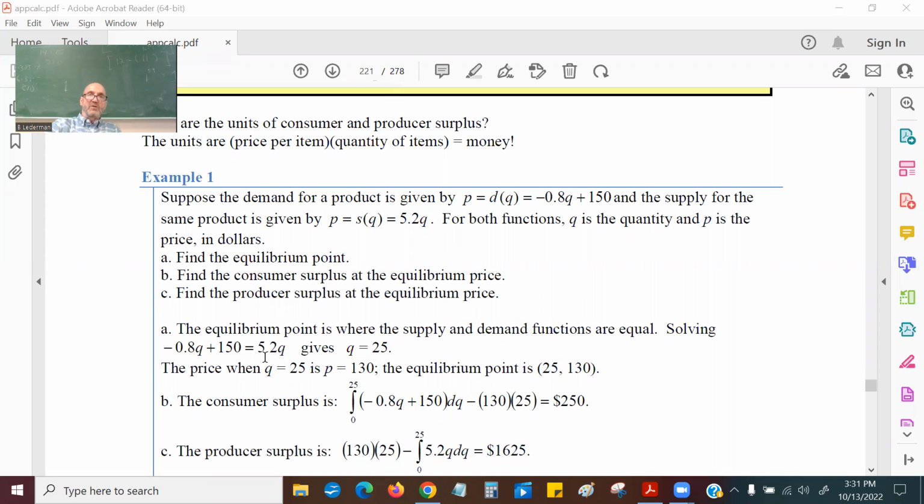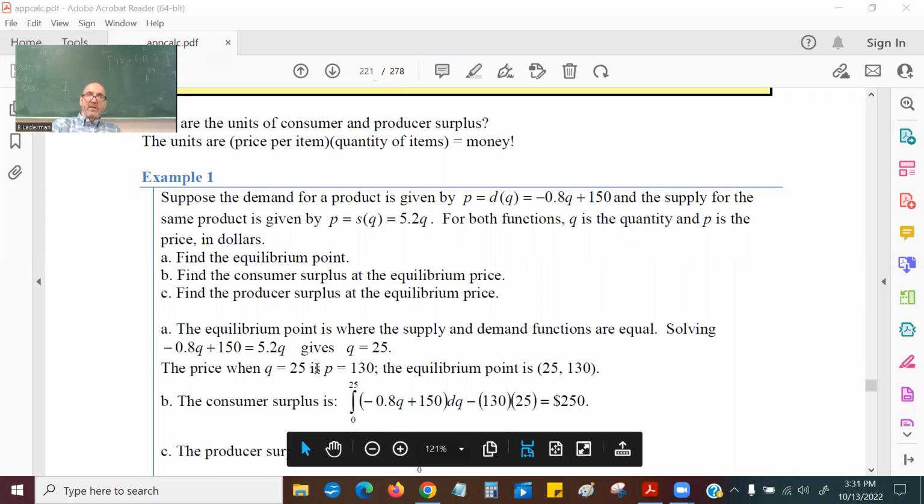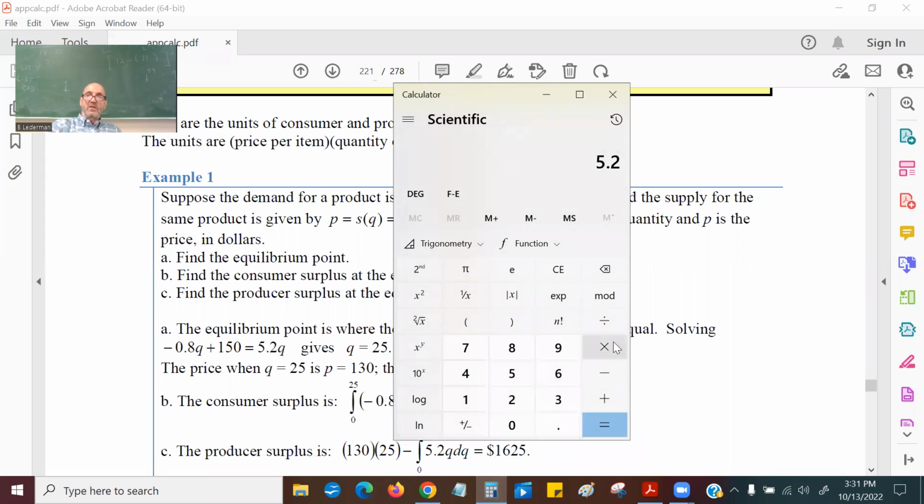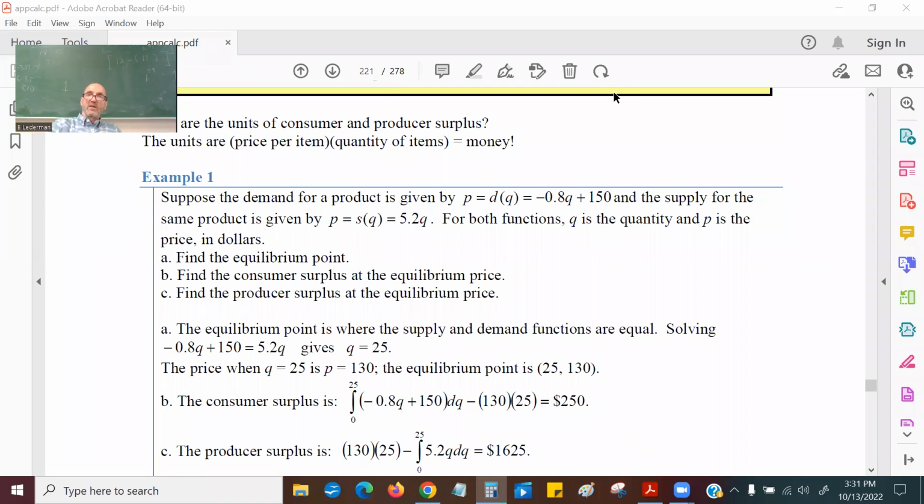If I look at 5.2 Q and I substitute 25 for Q, so let's look at a calculator here. 5.2 times 25 equals 130. There you go. So that's fabulous. Okay, that's the equilibrium point, 25 comma 130.